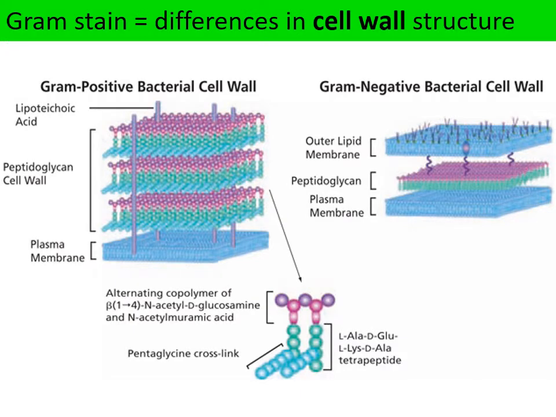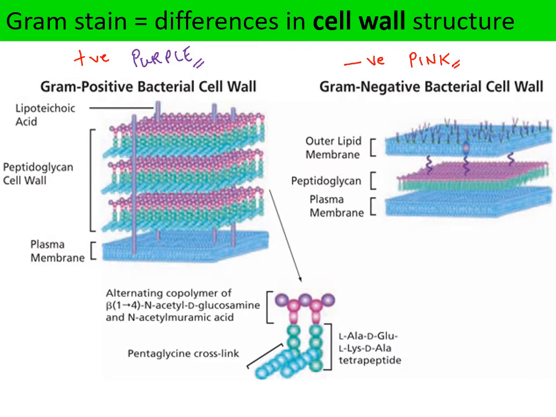So here we can see the difference in the cell wall structure of gram-positive bacteria on the left and gram-negative bacteria on the right hand side. So we know the gram-positive bacteria are going to stain purple once we've actually completed the gram stain procedure, and we know that the gram-negative bacteria on the right hand side will stain a reddish pink colour after the gram stain procedure has been finished.